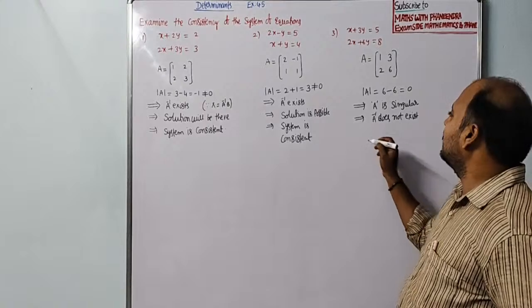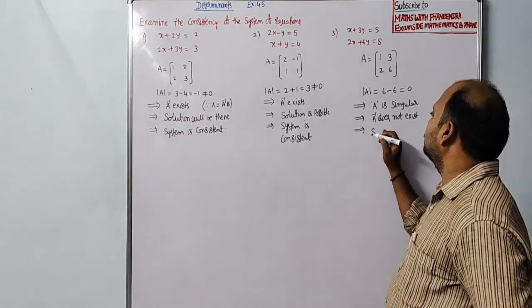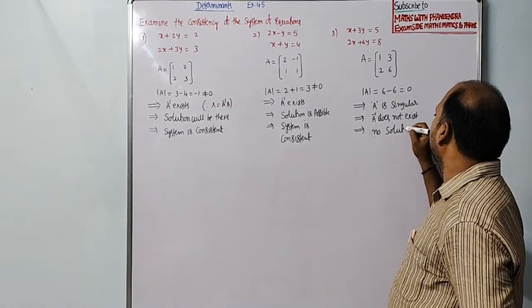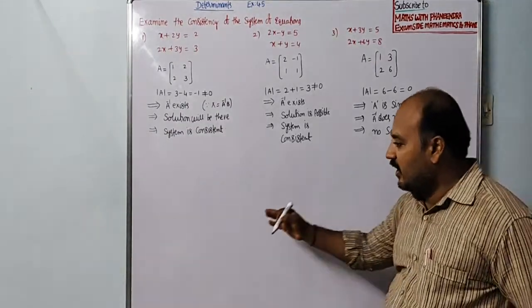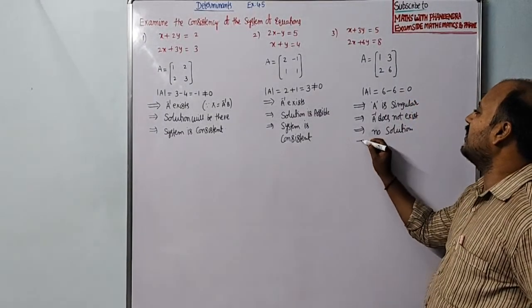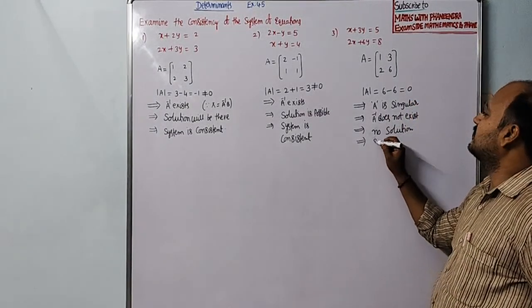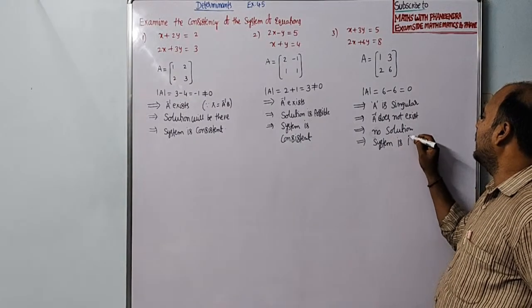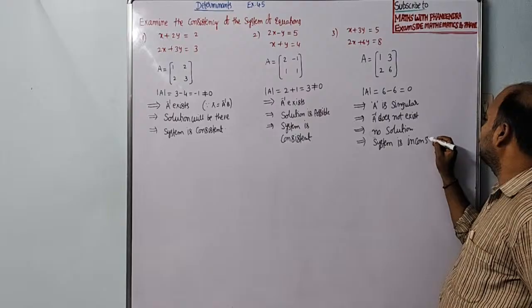Whenever A inverse does not exist, there is no solution. I said the property. Whenever there is no solution, the system is inconsistent.